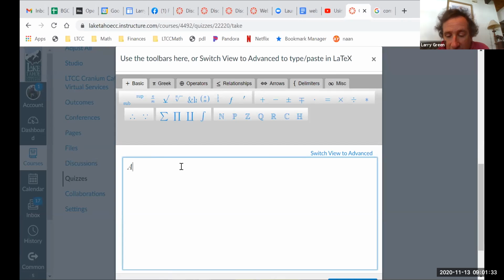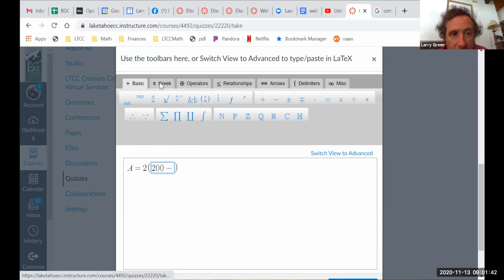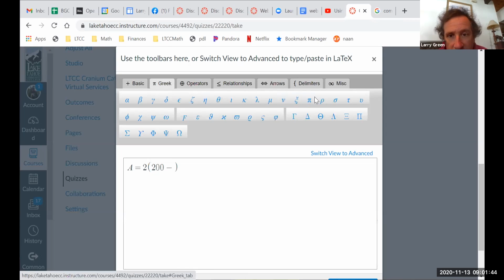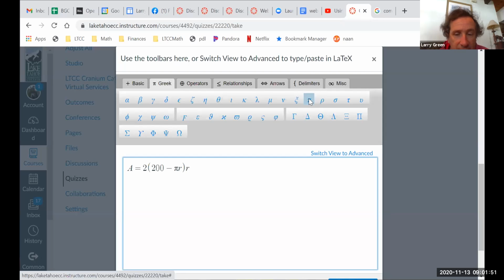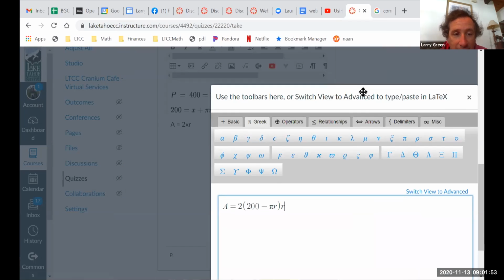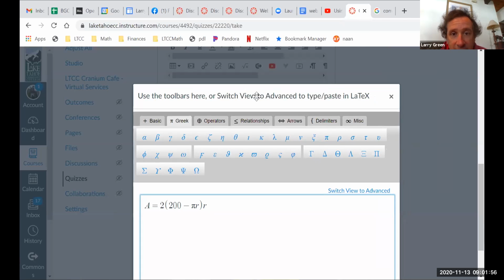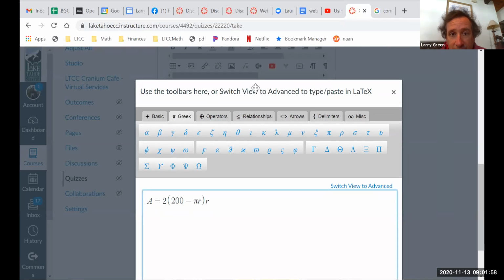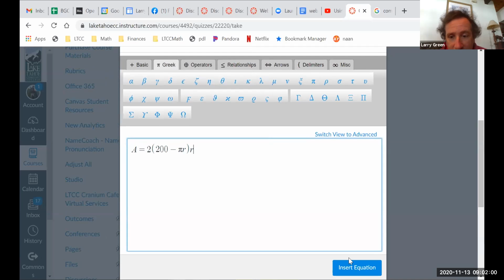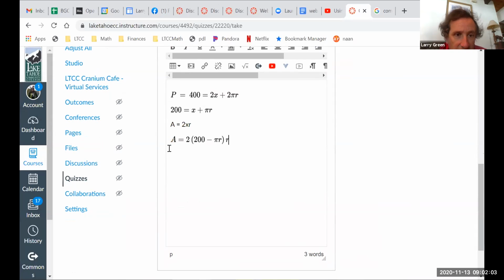So we can say my area is 2 times 200 minus pi r, and then times r. And so that's our area formula again. That came from A equals 2xr.